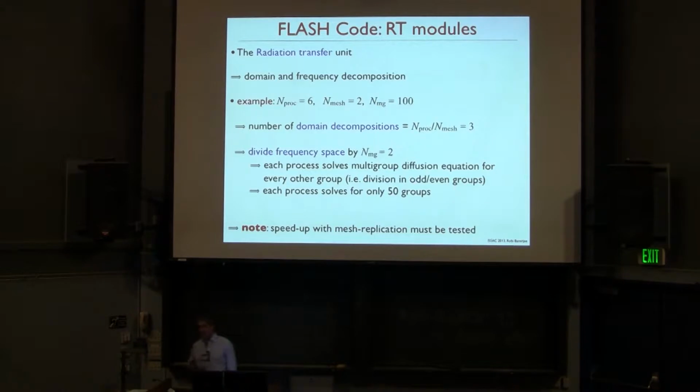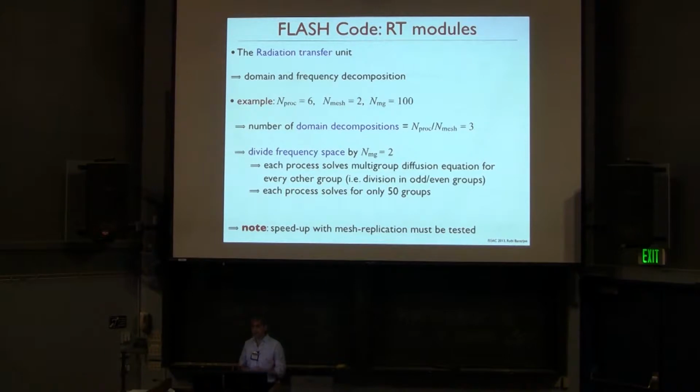In this particular case it means every other group will be computed on one processor, so you do a division by odd and even groups. That means each processor only has to compute 50 frequency bins, 50 groups, instead of all the 100. So that's a fairly straightforward approach to divide your entire problem not only spatially onto different CPUs, but also in frequency space.